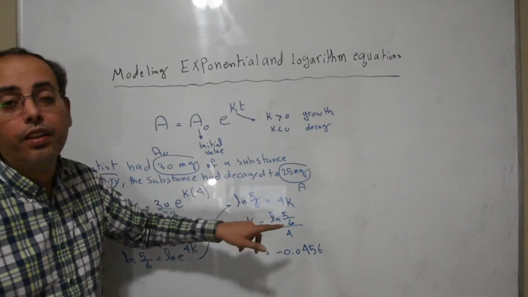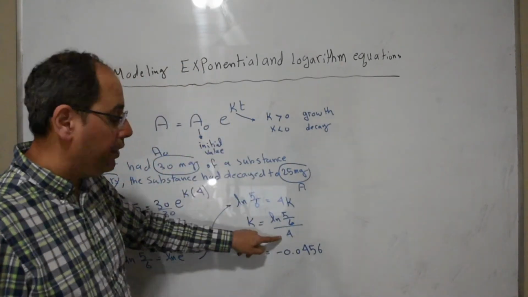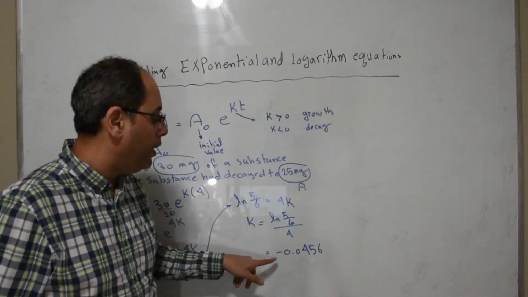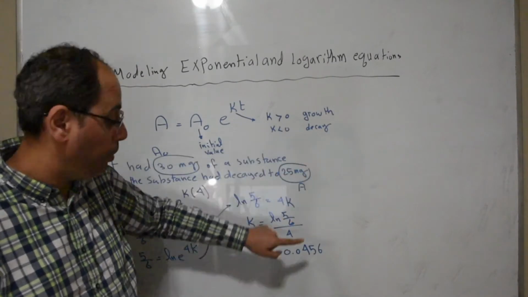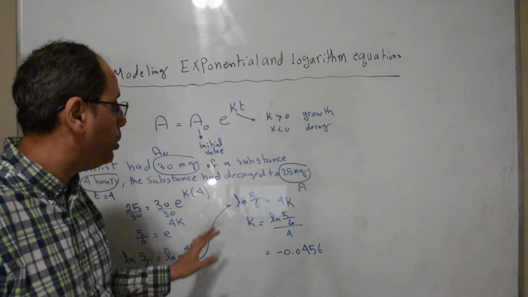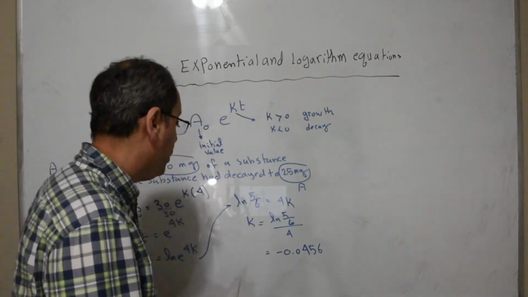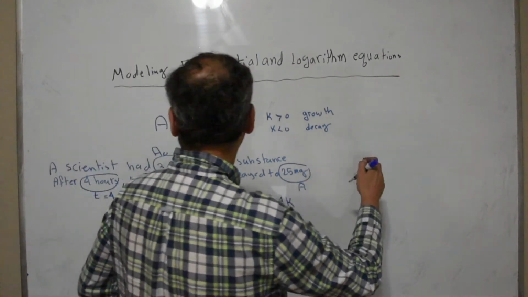This is a fraction. The natural log of any fraction must be negative. And 4 is positive, so negative over positive must be negative. If k is positive, I can't consider that decay, but I will consider that growth. But we're talking about decay here, so k must be negative. So now I got k, and I'm going to write my model here.